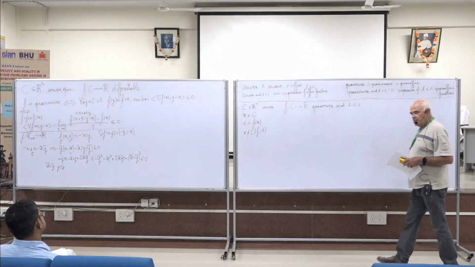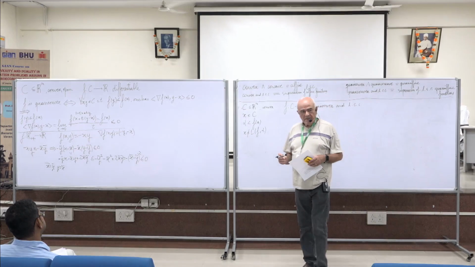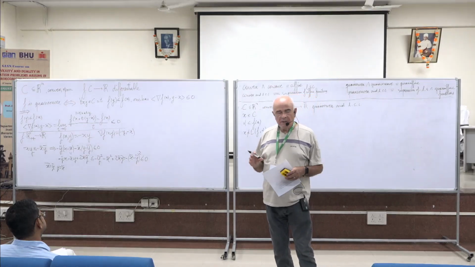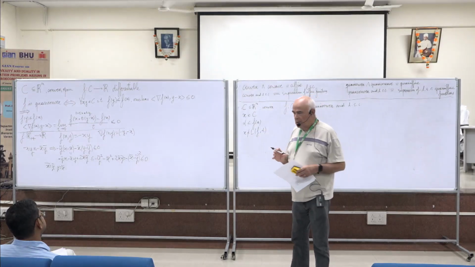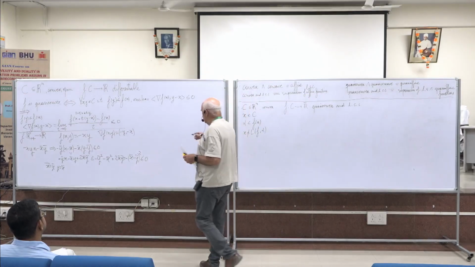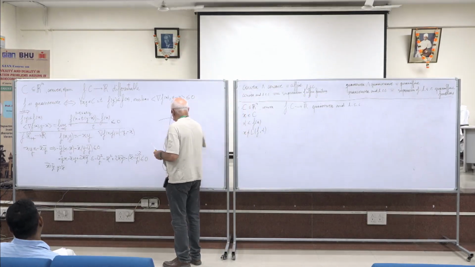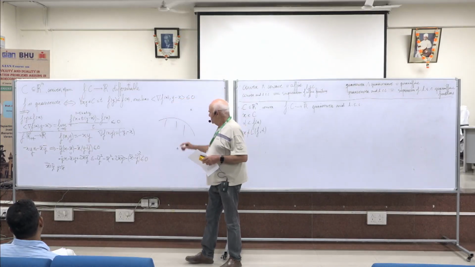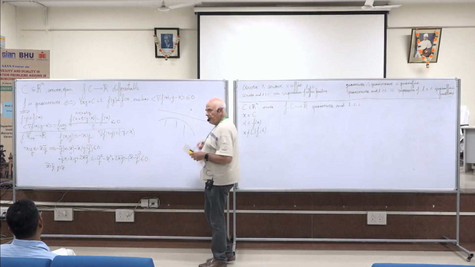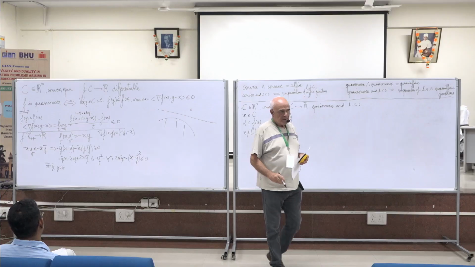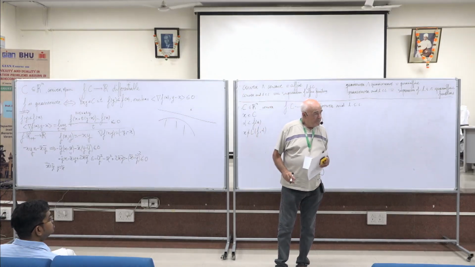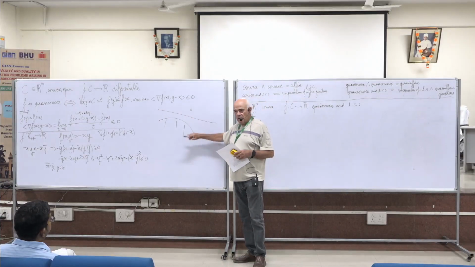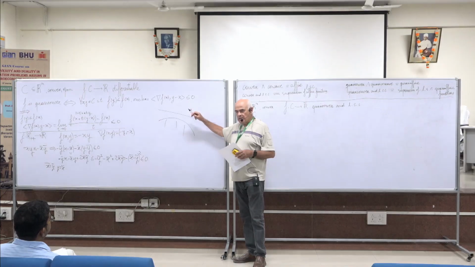a set is closed and convex if and only if it is an intersection of closed half spaces. In other words, you have a closed convex set and a point not belonging to it, then you can find a hyperplane that strictly separates in this sense. So the set is on one side of this hyperplane and the point is on the other side.